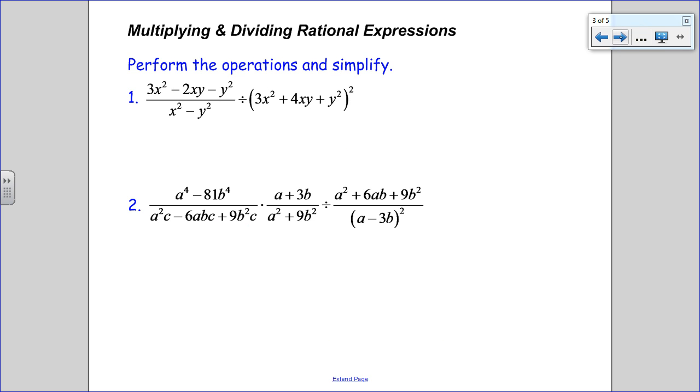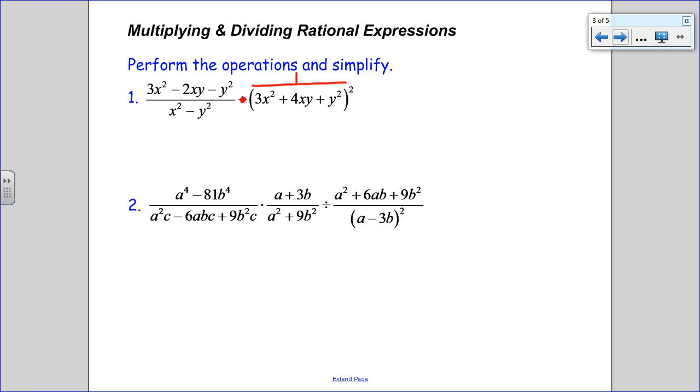Let's do two more examples. In this case, the problems are slightly more complicated, involving several variables. We won't worry about restrictions, but we will perform the operations and simplify our answers. Problem number 1, we have division by the square of a trinomial. So we can rewrite as multiplication by the reciprocal of that expression.